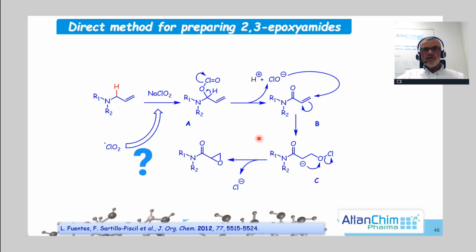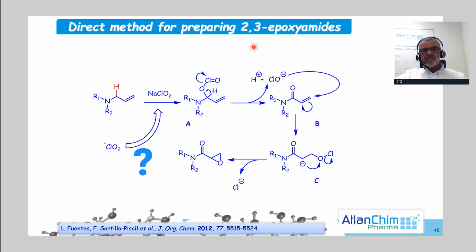A rational reaction course could be presented as the following. First, CH oxidation of the allylamine by sodium chlorite to the unsaturated allyl amide B via the formation of intermediate A, which might be initiated by chlorine radical here.